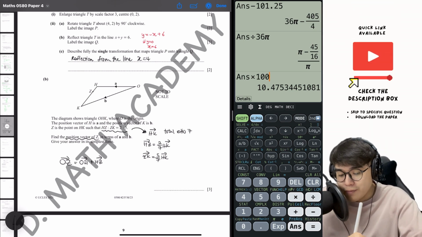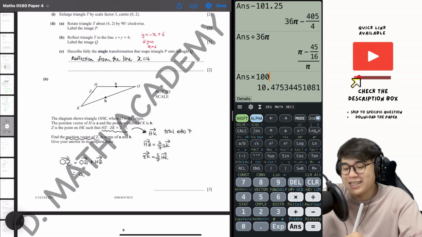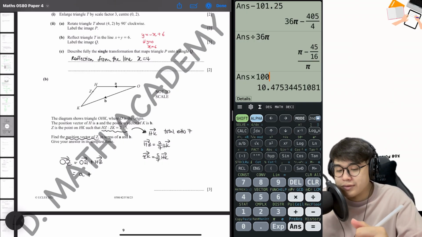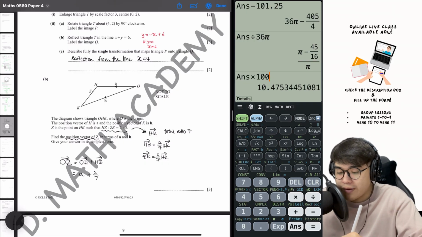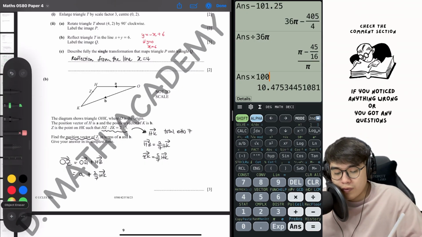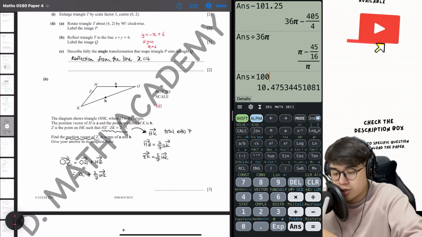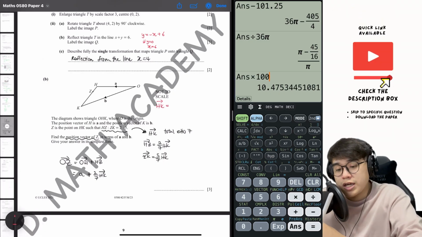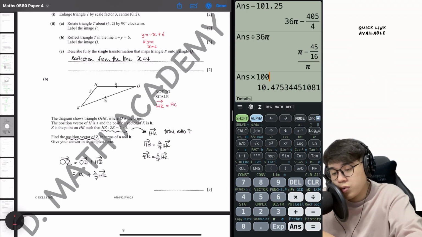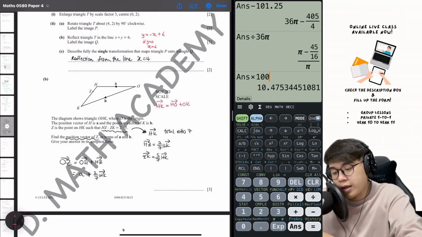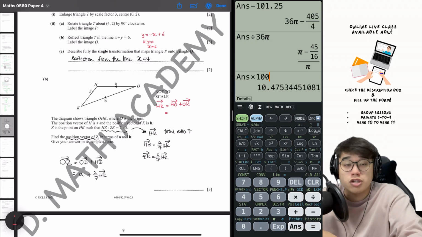Okay, no negative means lesser mistake. Okay, HZ now, it is actually 2 over 7 of HK. So the only thing that we have to work out now will be the HK value. So HK, I just write it on the side. HK is by having HO and OK. So HO is a change of direction.